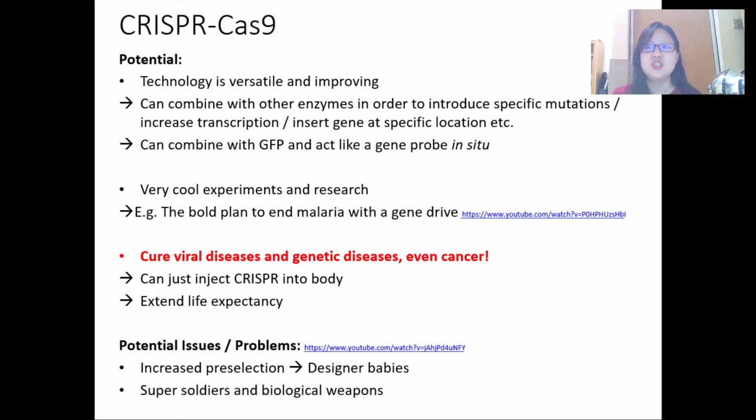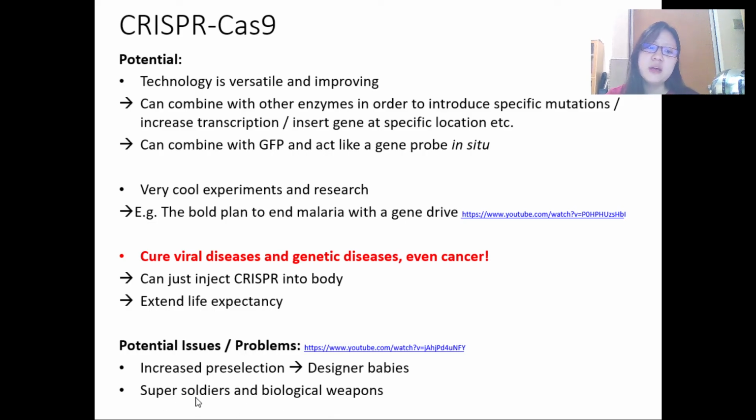If we can genetic edit with very little consequence, very cheap, maybe there will be increased pre-selection of embryos forming designer babies. So maybe you can then use CRISPR-Cas9 to edit the genome so that your child has blue eyes, blonde hair, increased IQ, for example, increased muscle mass. And this is the same for super soldiers and biological weapons.